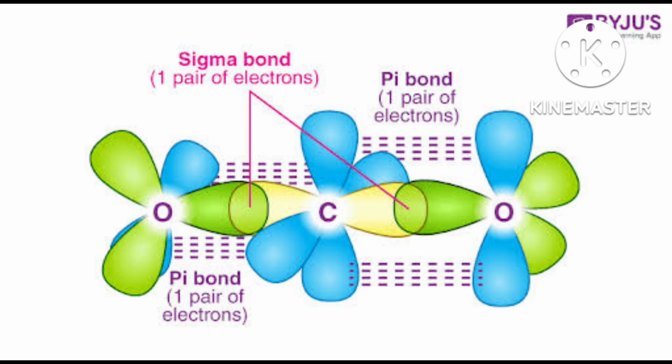Ultimately, a stage is reached where the net force of attraction balances the force of repulsion and the system acquires minimum energy. Energy will be less. That's why the molecule will be stable. The lower the energy, the more the stability.